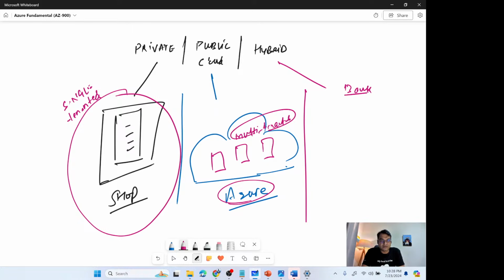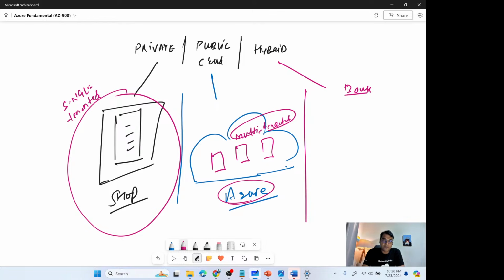Or some governance requirement that would mandate these security related agencies in our respective countries to keep the data, because it is highly sensitive, within their own control in their own data center.